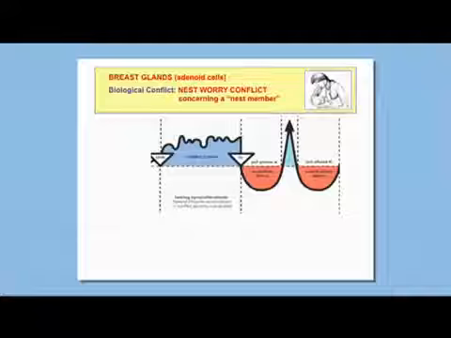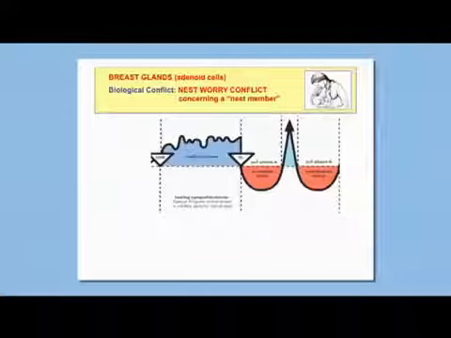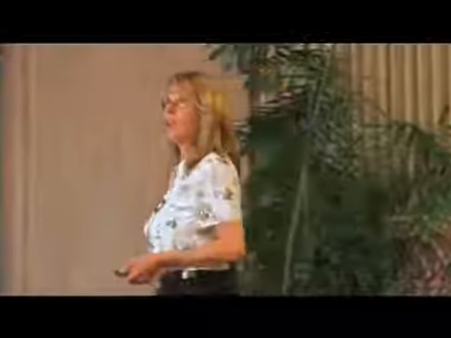The conflict that is linked to the breast glands is, as Dr. Hammer calls it, a nest-worry conflict. In nature, a female can suffer such a nest-worry conflict if her offspring is all of a sudden seriously sick or injured.